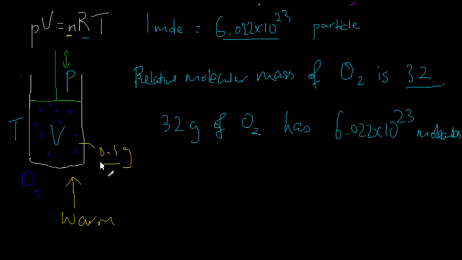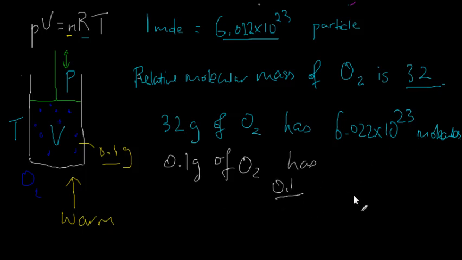So what about 0.1 grams? So 0.1 gram of O2 has 0.1 gram over 32 times the Avogadro constant, 6.022 times 10 to the power 23 molecules.